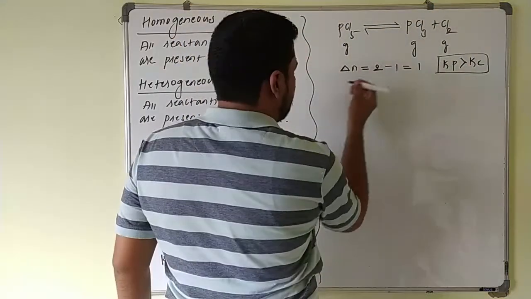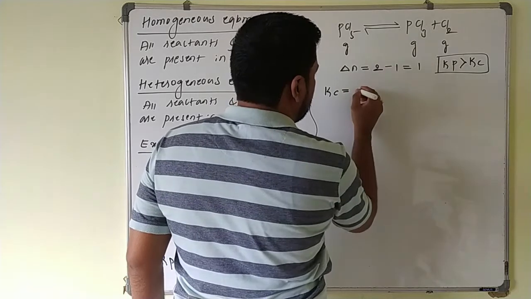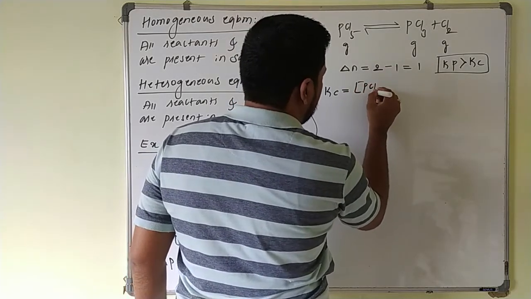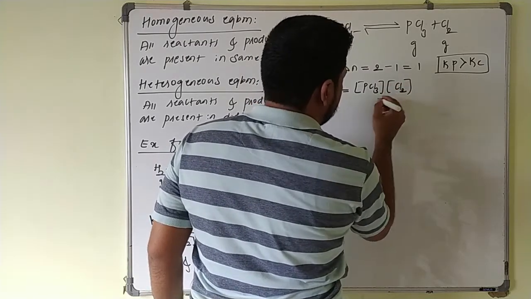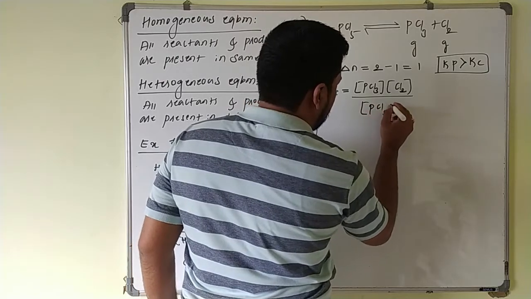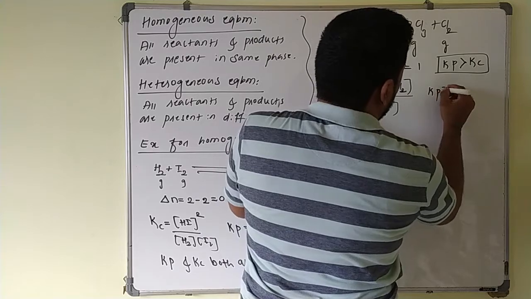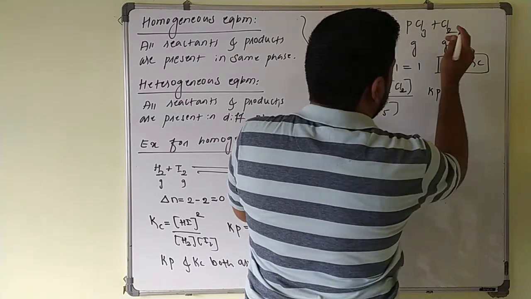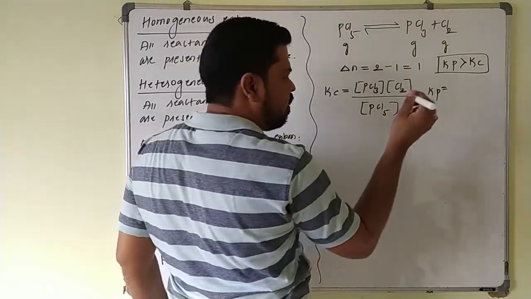What is the Kc expression for this one? Kc equals the molar concentration of PCl3 times the molar concentration of Cl2 divided by the molar concentration of PCl5, and Kp equals the partial pressure of PCl3 times the partial pressure of Cl2 divided by the partial pressure of PCl5.